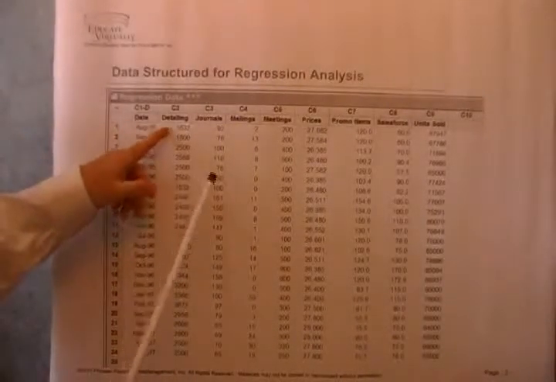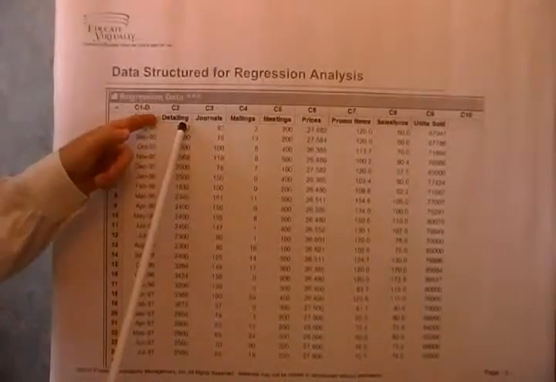The input characteristics we have, those X variables, are detailing, journal advertising, mailings, customer information meetings, the price of a prescription for 1 month of this particular therapy, promotional items, and sales force spending.